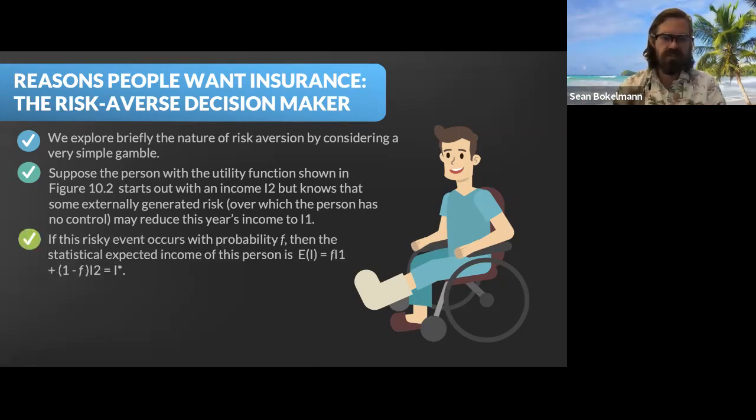Now, of course, these risky events have probabilities, right? So let's just say that this risky event that reduces this person's income happens with probability F.